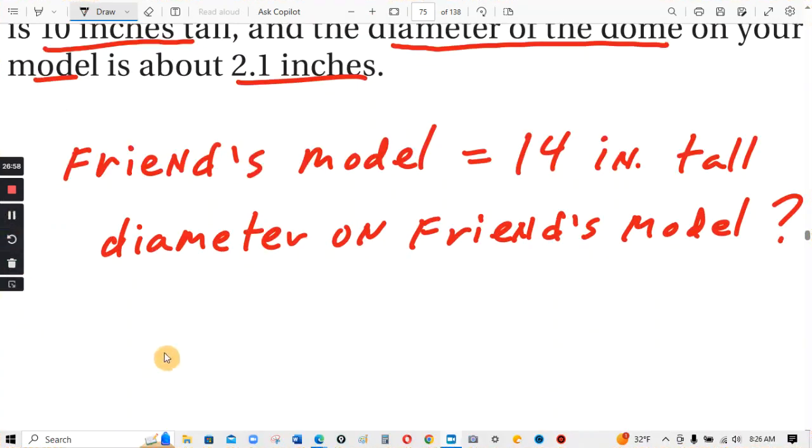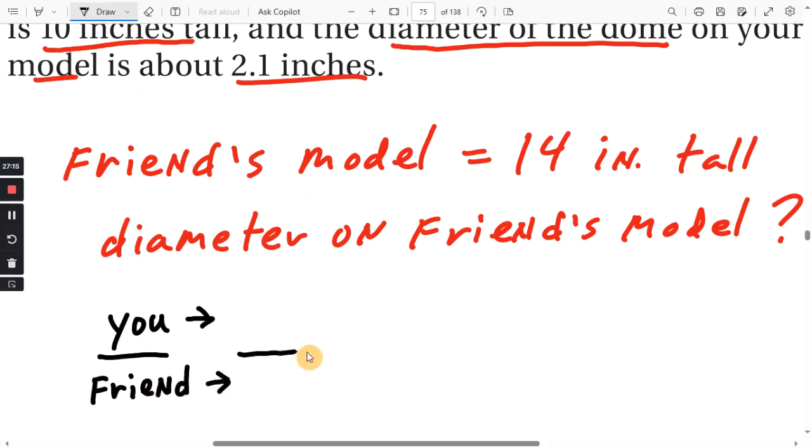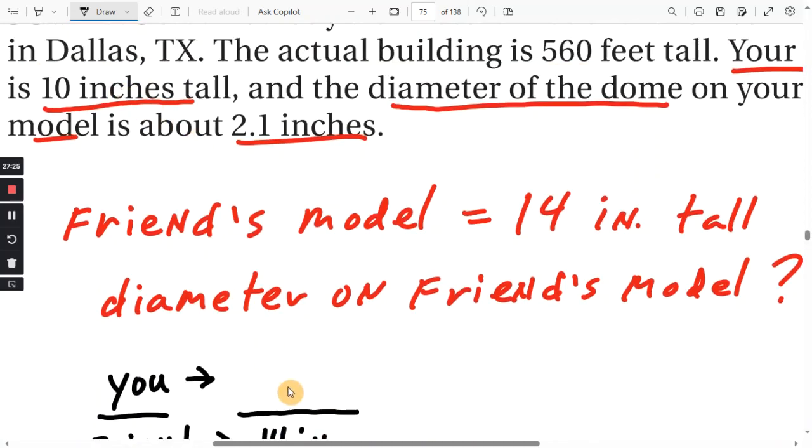All right, so it doesn't matter which one is in the numerator or in the denominator. So I'm going to put your model in the numerator, and I'm going to put your friend's model in the denominator. All right, so the friend's model is 14 inches tall. And it says your model was 10 inches tall.